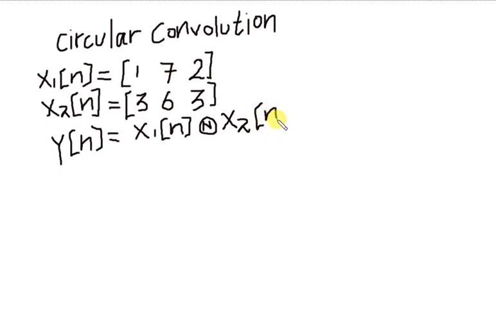So we shall find y of n, which is the circular convolution of x1 of n and x2 of n. The method we are using to find the circular convolution is called matrix multiplication method.